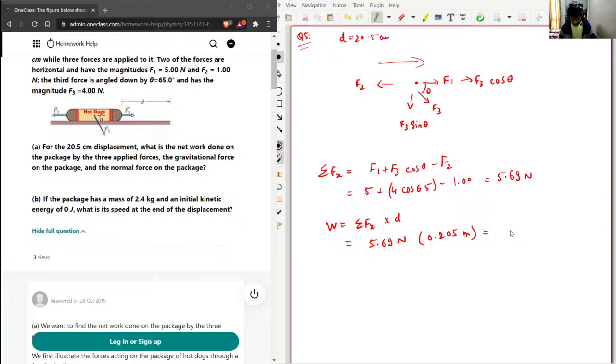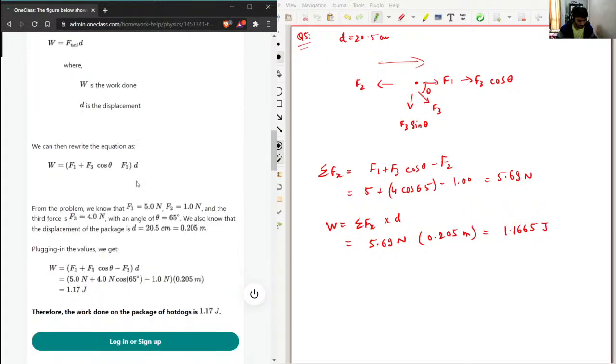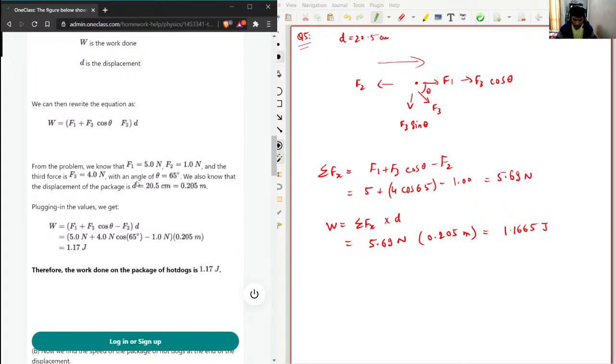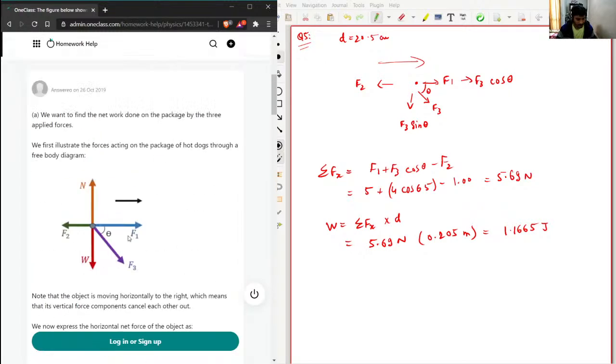So 5.69 times 0.205 is 1.1664 joules. So this is 1.1665 joules. I'll just cross check this with the solution here. Okay, so I have 1.166, they have 1.17.